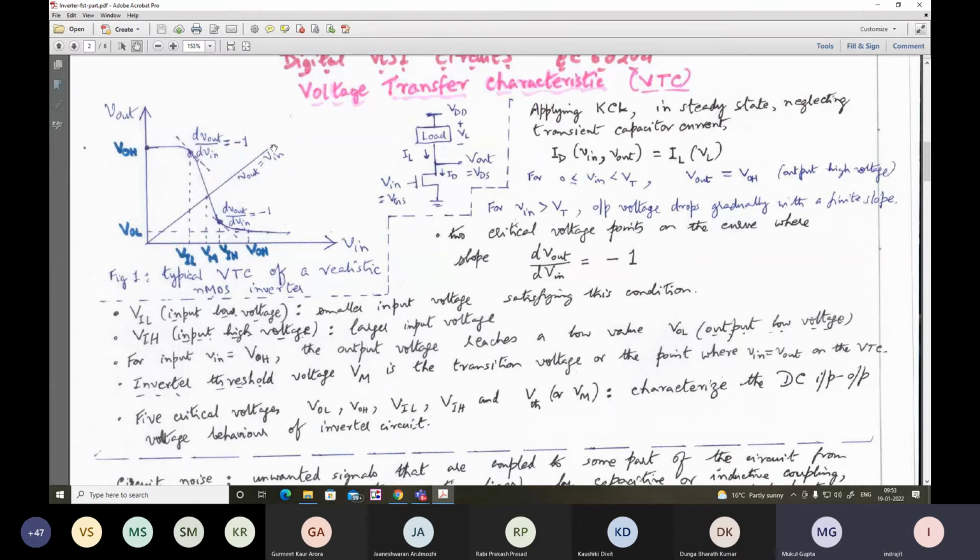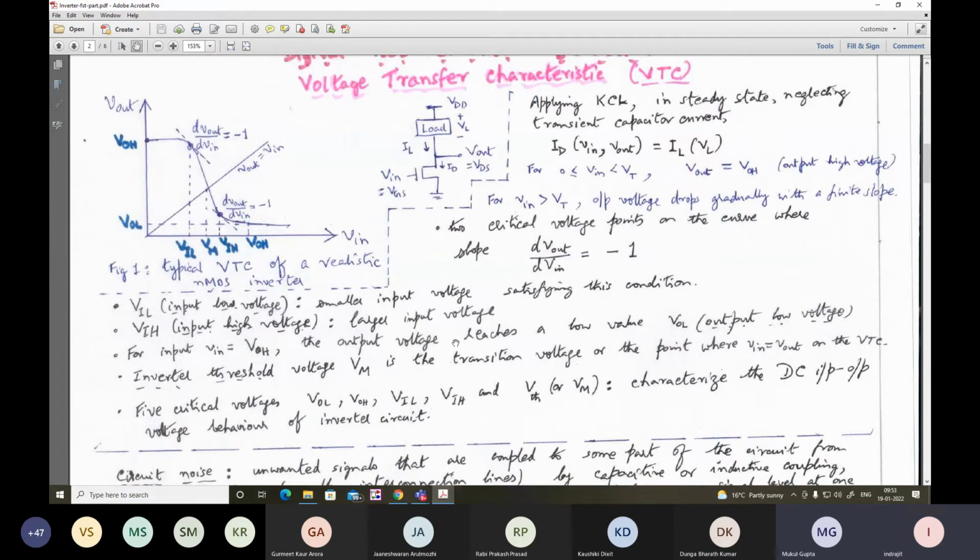Now the choice of VM is also not independent. The choice of voltage, as we shall find, may depend on the W/L. So W/L will become an important handle in the hands of the circuit designer. That means you should be judicious in making a choice on the aspect ratio W/L of the inverter, which will in turn determine the salient voltages like VOL, VIL, VIH, and also the switching threshold voltage.